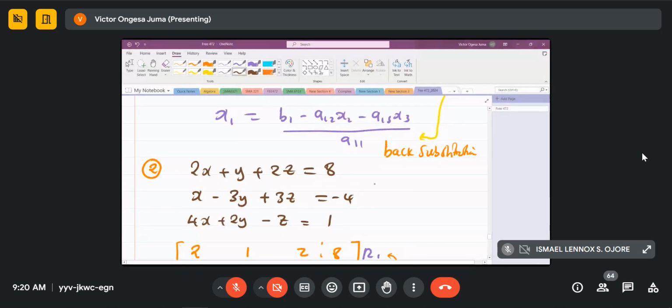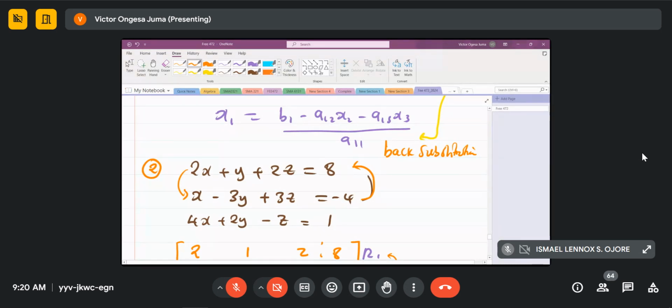You are just moving this equation here and this one here. Does it change anything? It doesn't change anything. Yeah, so switching rows is just rearranging the system, right?